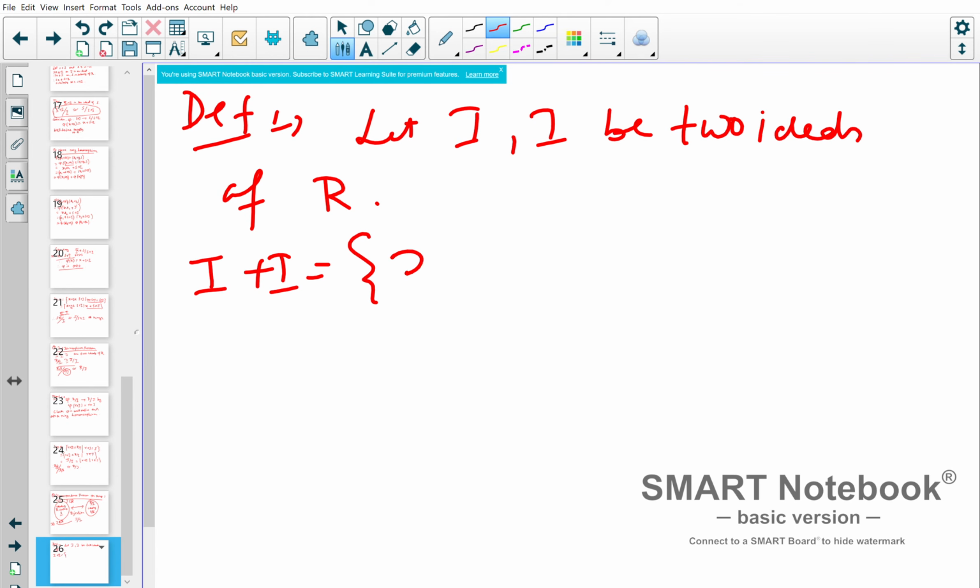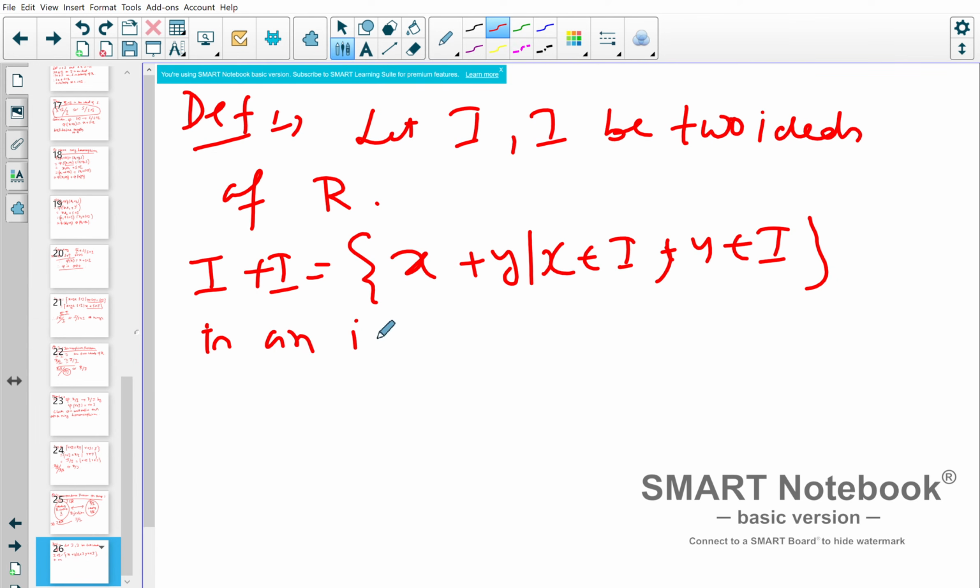You take an element x from I and an element y from J, and the set of x plus y, where x belongs to I and y belongs to J, is an ideal of R. You check it. So this is naturally okay.